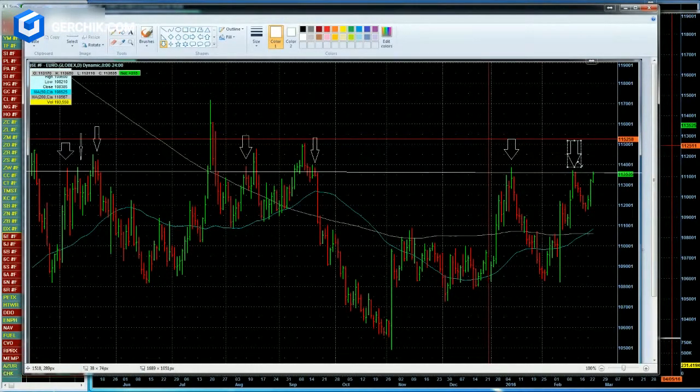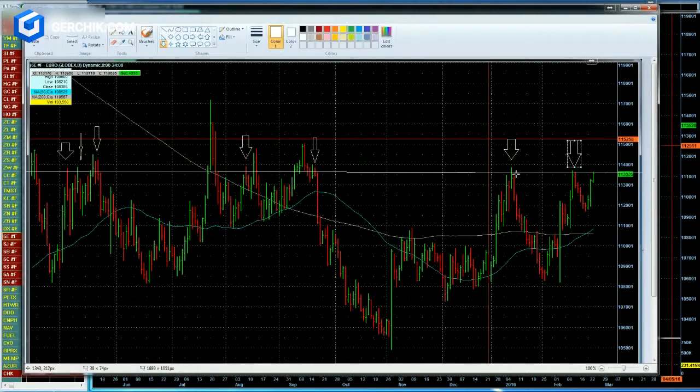The most important thing is for the false breakouts to be short. What does it mean? The bar or a candle, it doesn't really make a difference whether you trade bars or candles, the shadow is not supposed to be long.